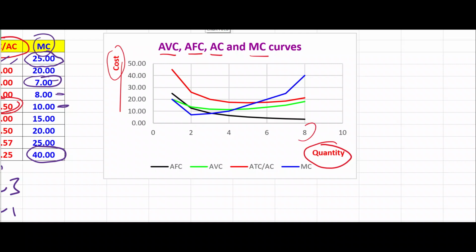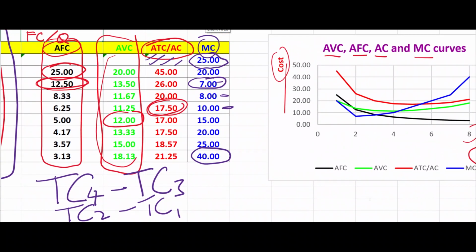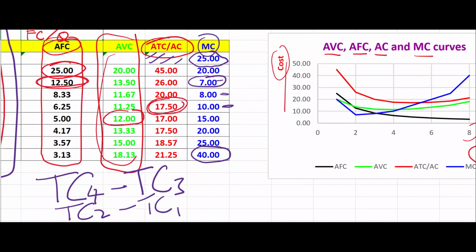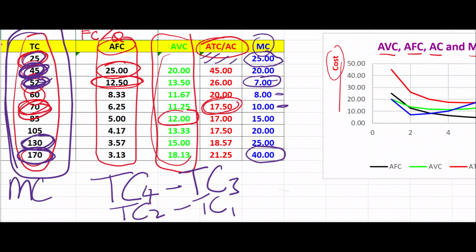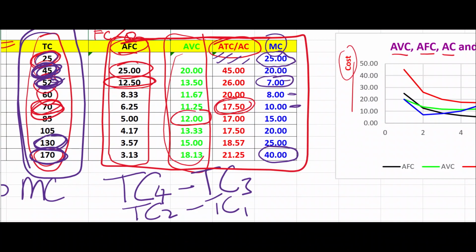Just as a guide, sometimes people struggle with how many intervals they will have going up the y-axis. If you just look at the curves that you're asked for, it's just this section here: average fixed cost, average variable cost, average total cost, and marginal cost. They are the only 4 curves I have to draw.